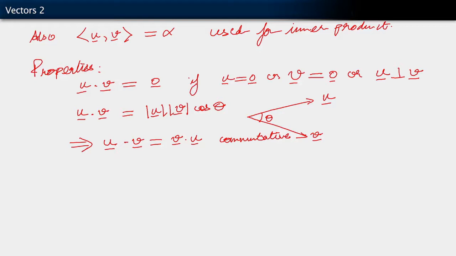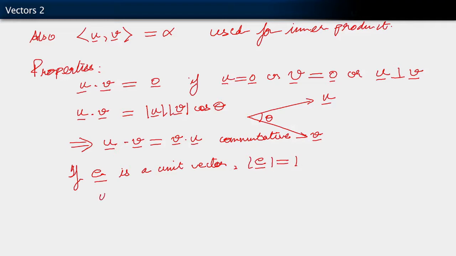The last thing I want to say about the dot product is that suppose we take what is called a unit vector. Okay? So if E is a unit vector, what this means is that the magnitude of E is equal to 1.